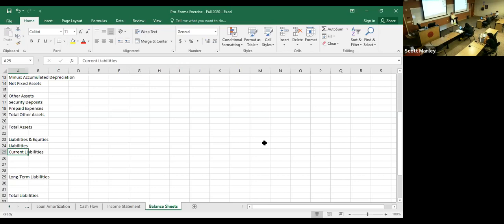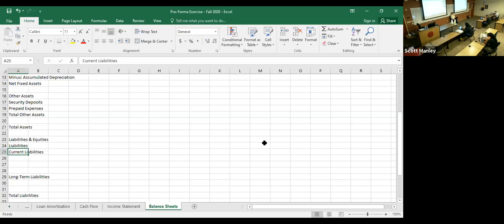Start typing now because it's long. Net current portion of long-term debt.